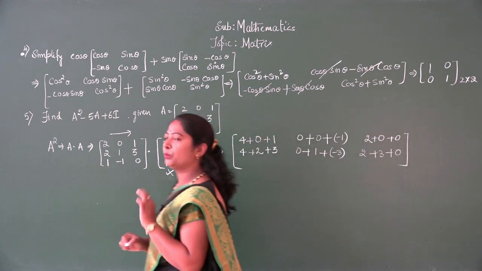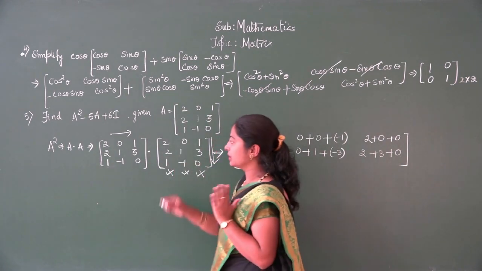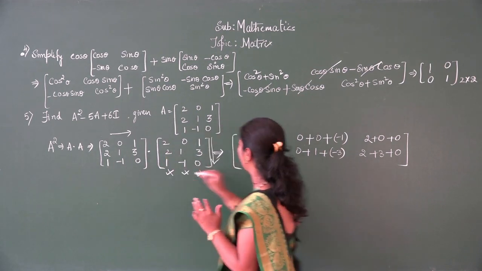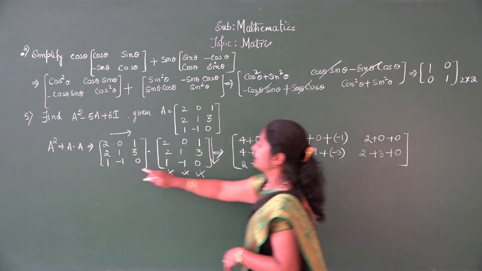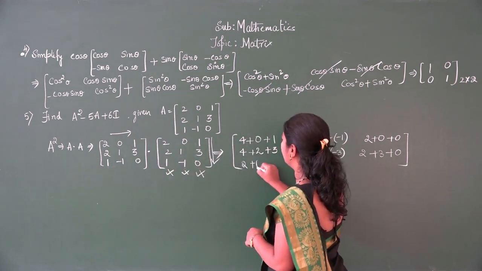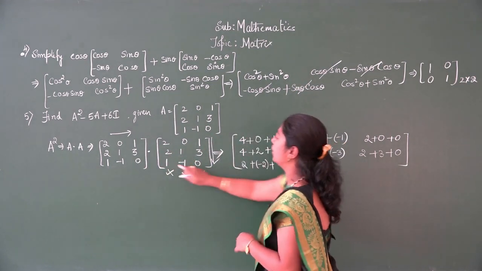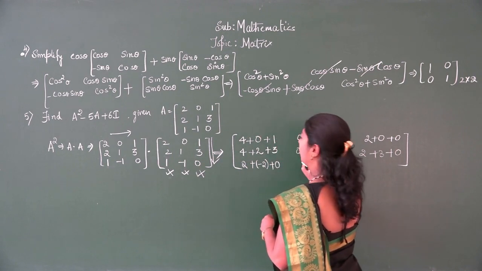Now we are left with the third row with all the columns. 1 into 2 is 2, plus minus 1 into 2 is minus 2, plus 0 into 1 is 0.